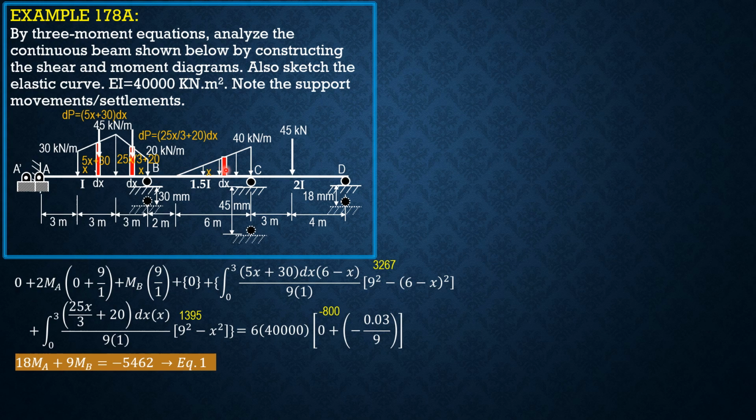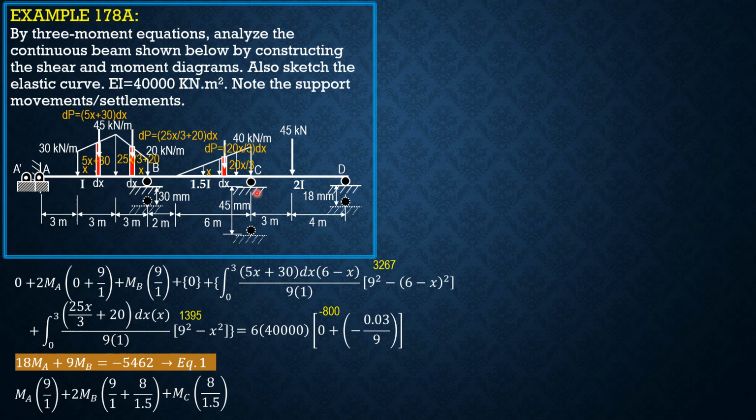So therefore, the intensity of this loading is 40 over 6, or 20 over 3x. So the differential force is 20 over 3x dx. So moment A times 9 over 1 plus 2 times MB, quantity 9 over 1 plus 8 over 1.5. The moment of inertia is 1.5. Plus M sub C times 8 over 9.5.